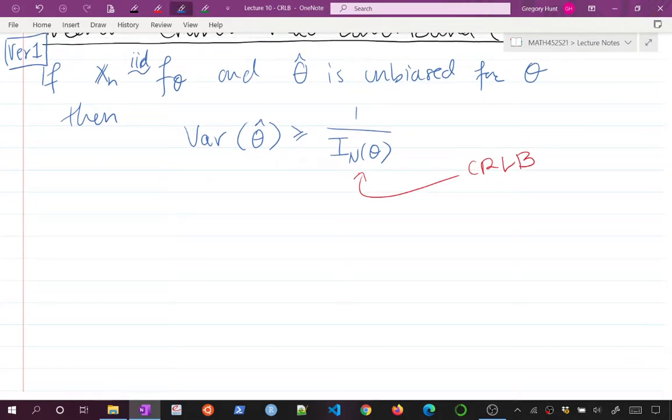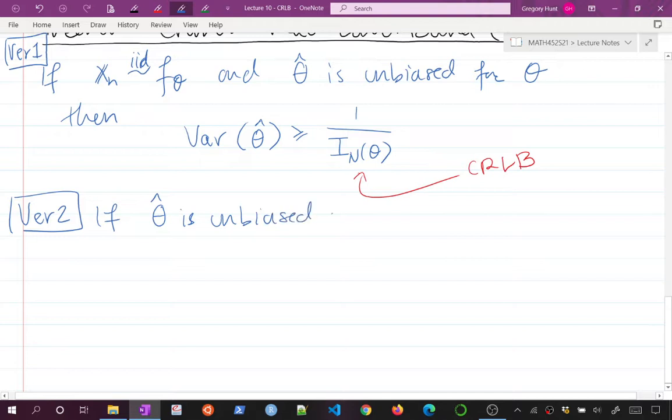Version 1. We can generalize this to, say, let's call it version 2, which is just a little more general. If theta hat is unbiased for some function, tau of theta, so it's not unbiased for a parameter theta, but maybe we want theta squared or log of theta or something like that. You can similarly derive this because all you do is change what this information is.